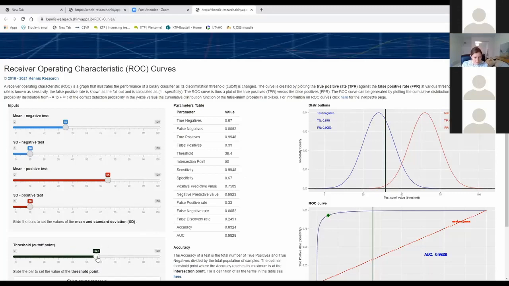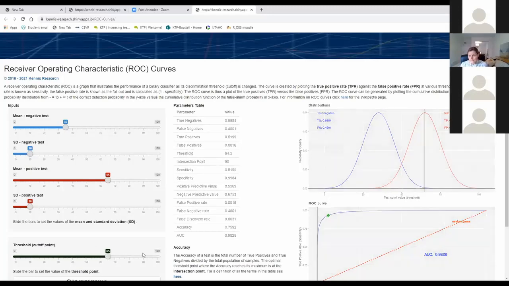Then if we increase the threshold up to about 65, you can see that that creates a high specificity test, and so is known as a rule-in test. And here the opposite is true. You've got very high positive predictive value.